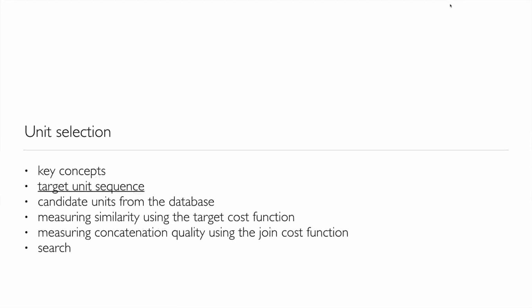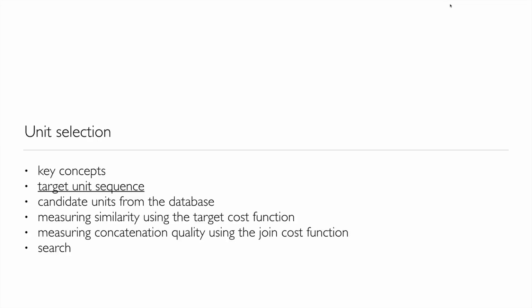Now that we have those key concepts established, let's work our way up to a complete description of unit selection. The first thing we're going to construct is a target unit sequence. That's a sequence of the ideal units that we would like to be able to find in the database. These target units are going to be abstract linguistic things.